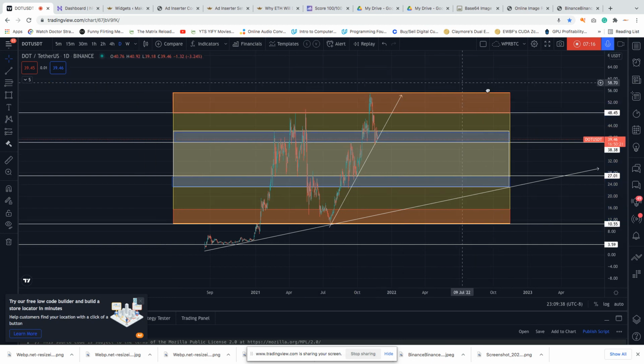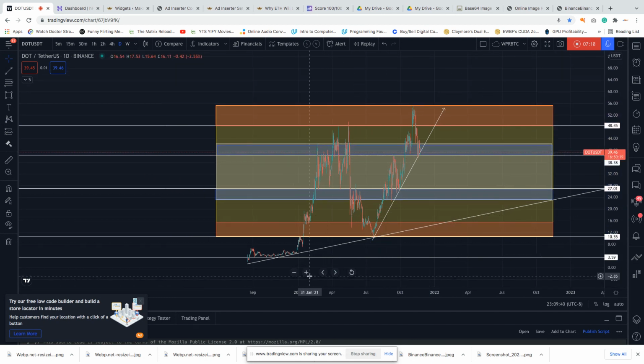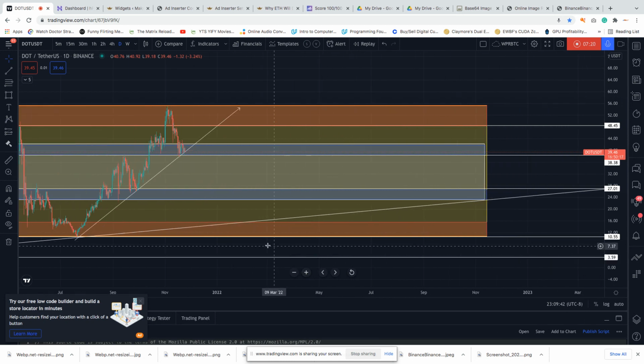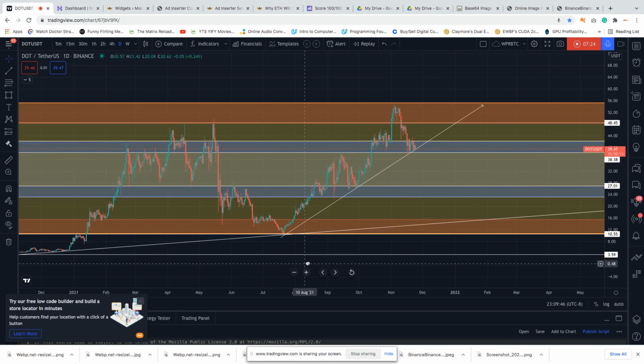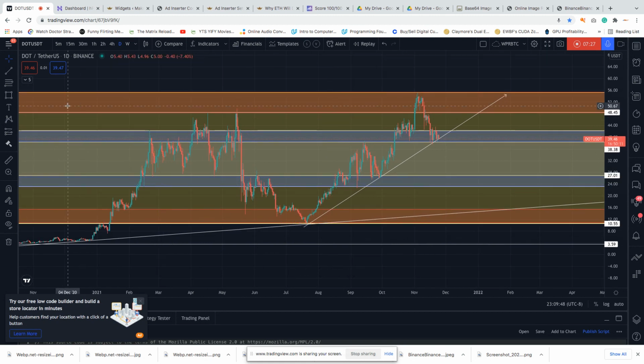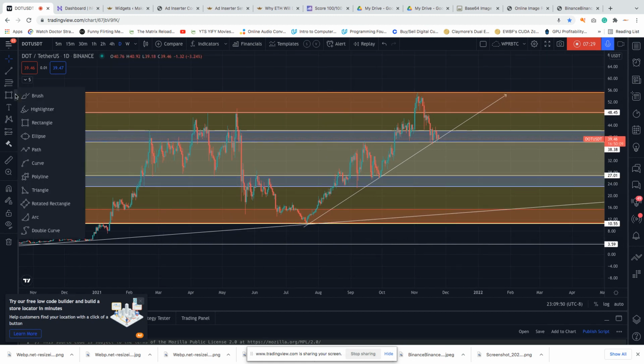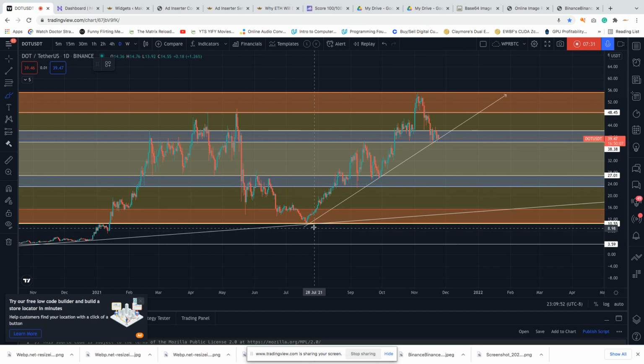And as we can see, let's zoom this in so that we can see the charts clearly. Now, you can see why I say currently we see Polkadot have done really good, like I said. And this is the first touch, this is the second touch, and this is the third touch. Now, I do expect that if these buyers are going to continue their journey to the upside, they shouldn't go below this point, right?